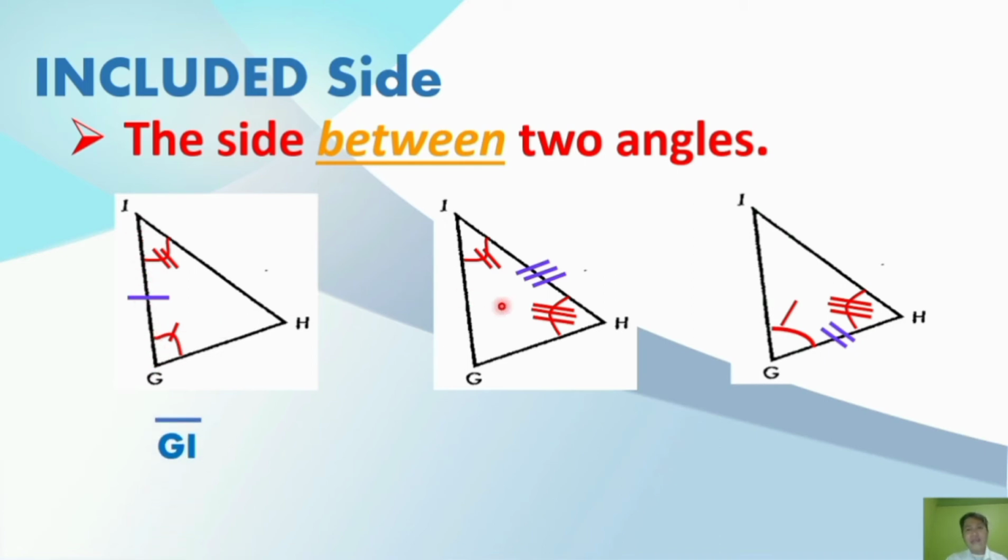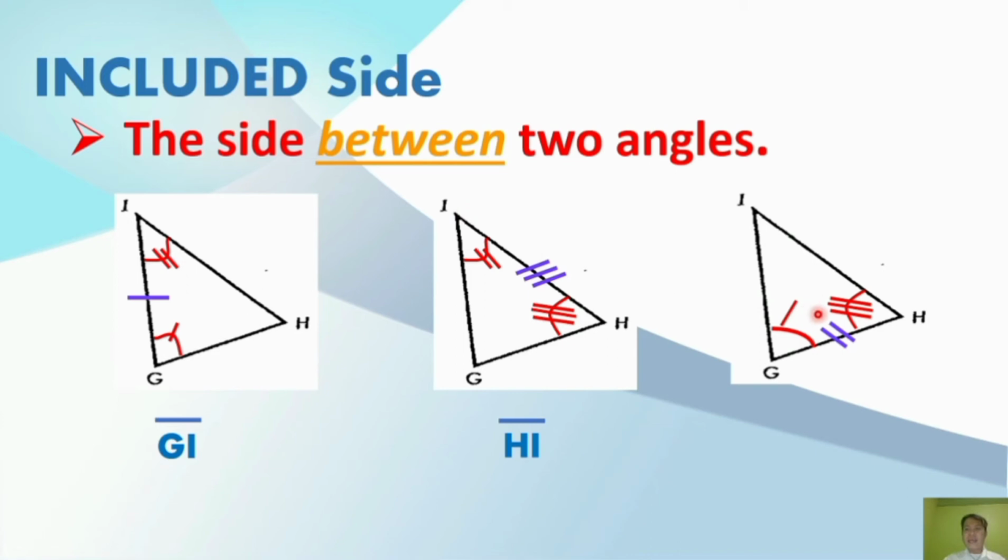On the second triangle, angle I and angle H are marked. So meaning, the side in between angle I and angle H is this side here. So the included side is side HI.